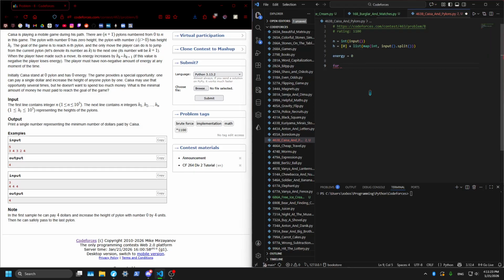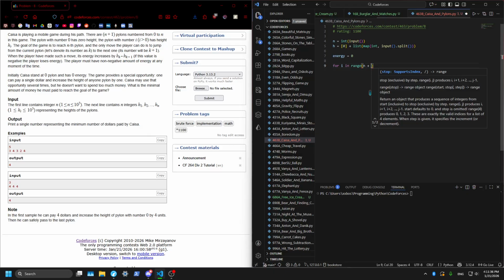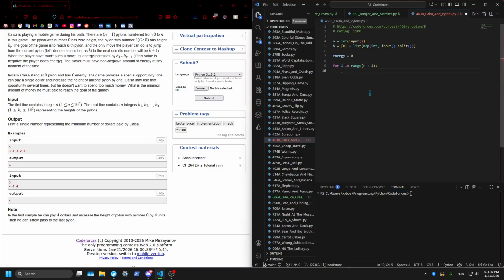N, for I in range N plus 1, if HI cost. So this is the energy cost.